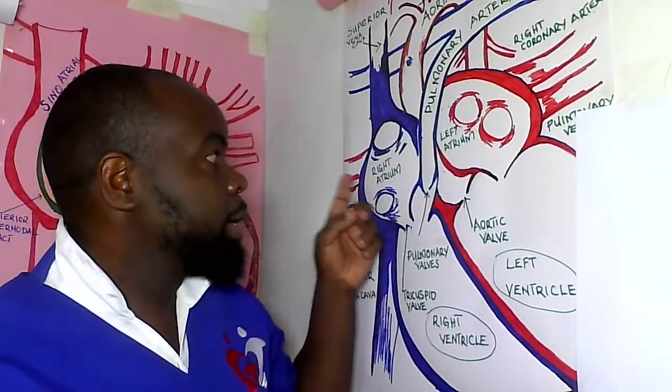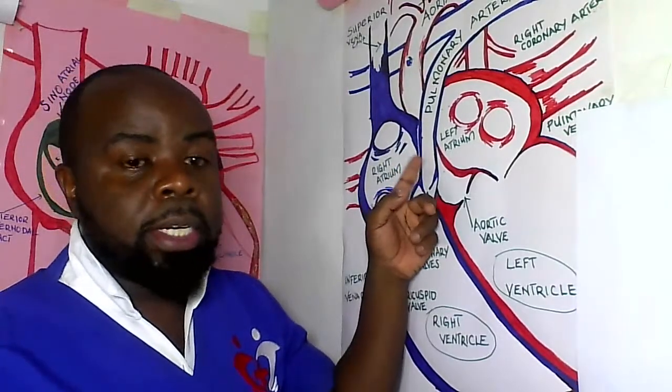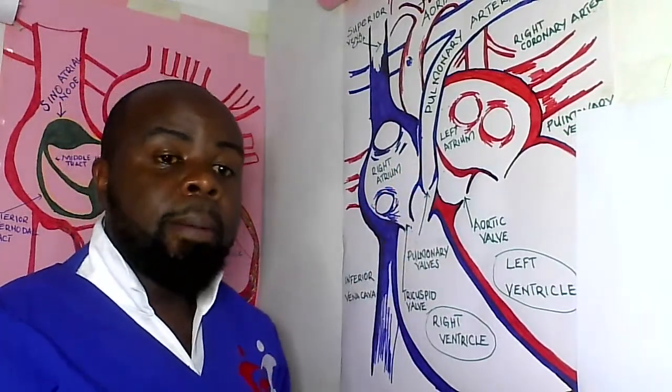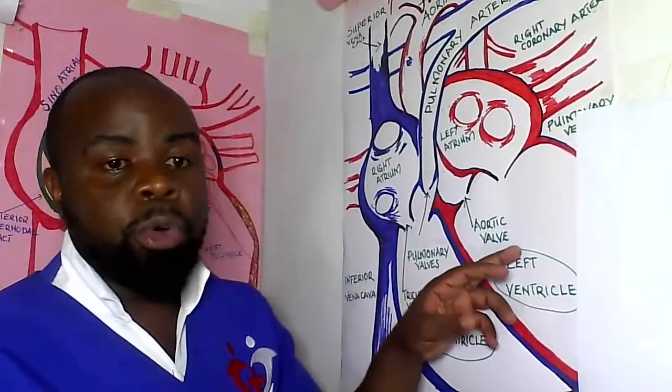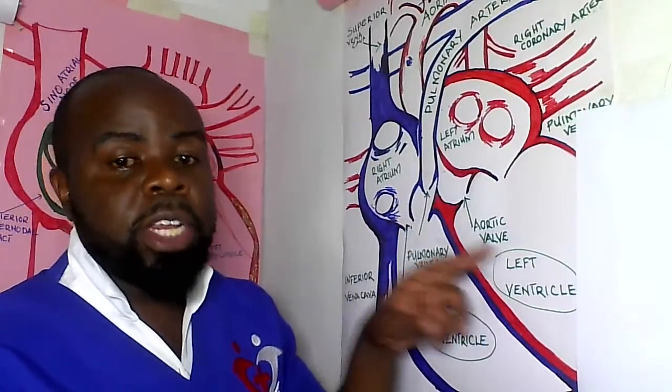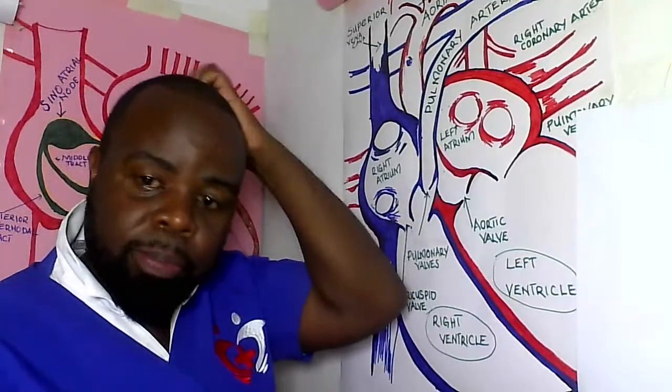It comes to the right atrium, passes through a hole here, called the patent foramen ovale. Then it comes down here to the right ventricle, and then it pushes.